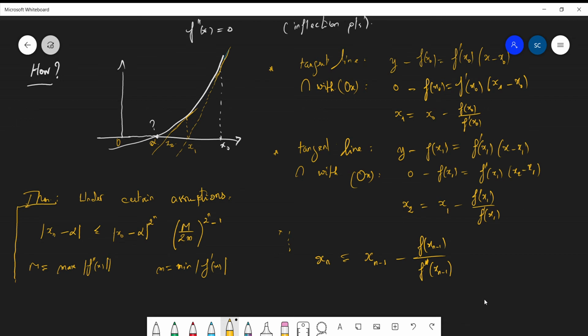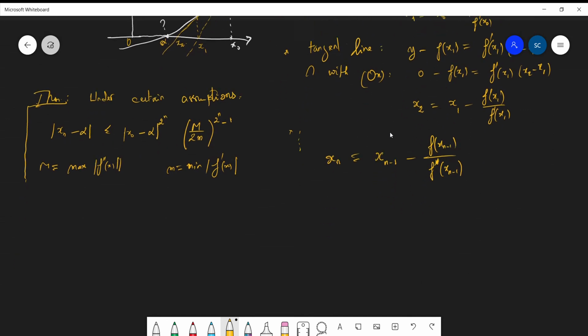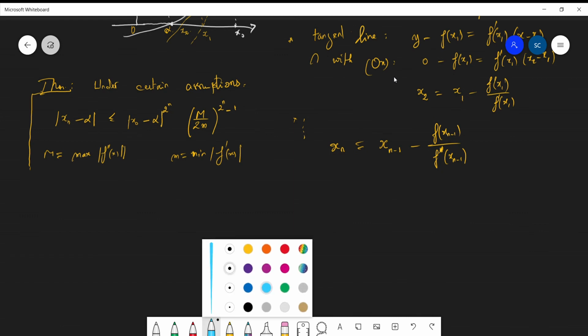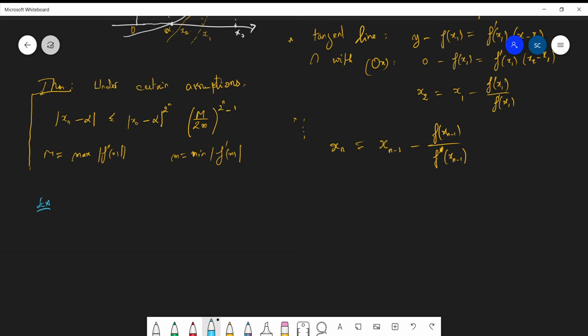So why is it important? Many problems can occur. For example, have a look at this example. Suppose that you are asked to find the root of f(x) = x^2 - 5 = 0.